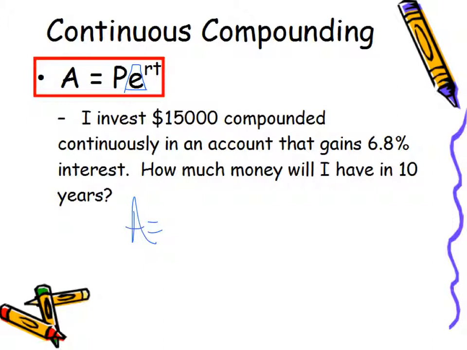And what that ends up approaching is this formula here that includes an E. And so it's a nice, easy little formula. We kind of call it PERT oftentimes. So compounded continuously, you take your initial investment, you take it times E to the 0.068 times 10.